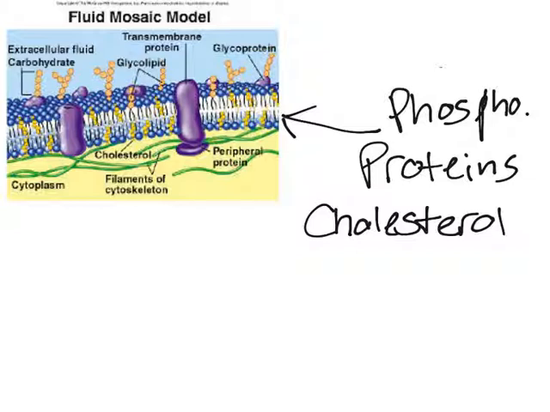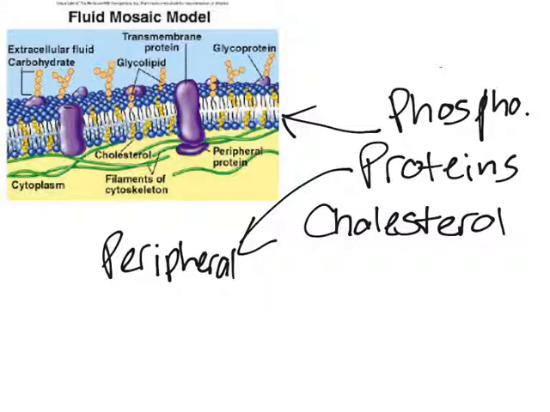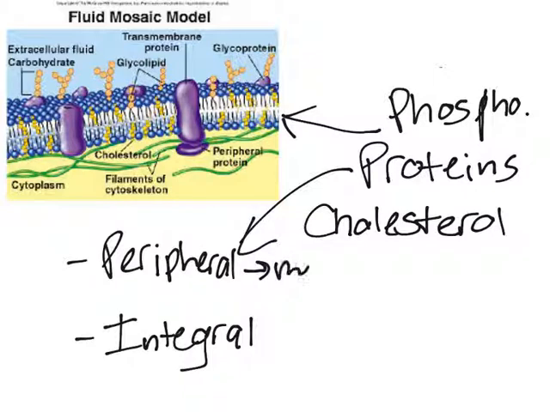And so also, to come off of proteins, there are two types of proteins, peripheral and integral. They are different in that the peripheral proteins are found on the membrane surface, and the integral proteins are completely embedded.